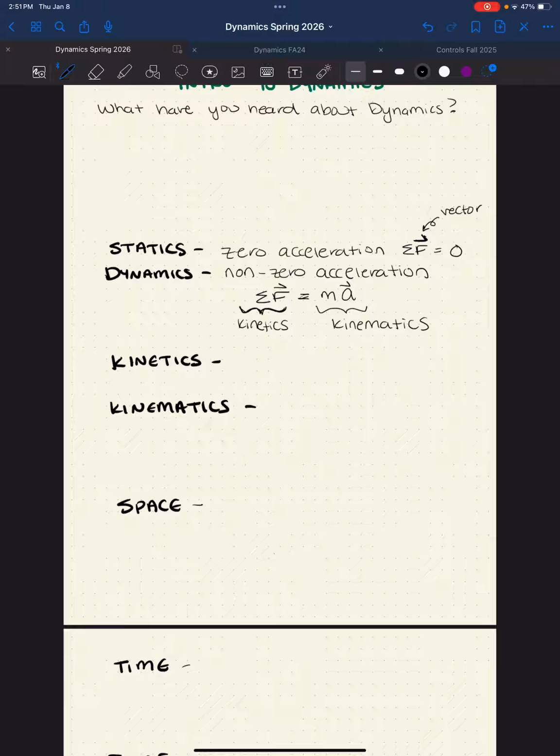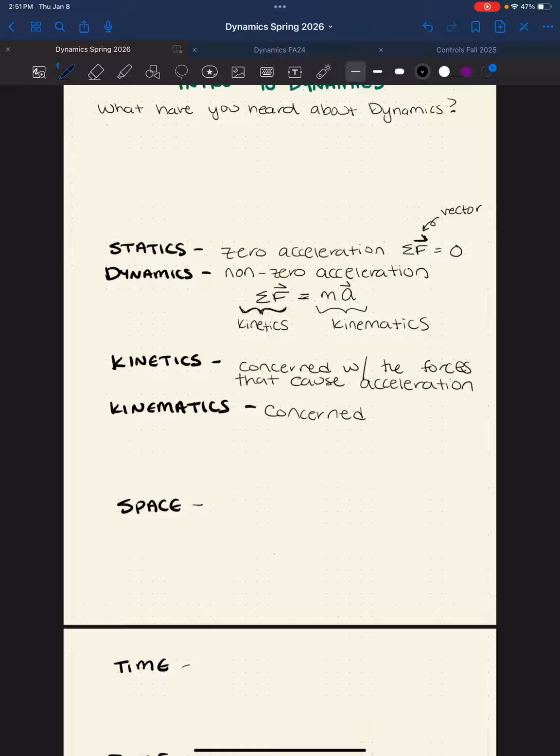So kinetics is concerned with the forces that cause movement or acceleration, whereas kinematics is concerned with the shape and magnitude of movement.